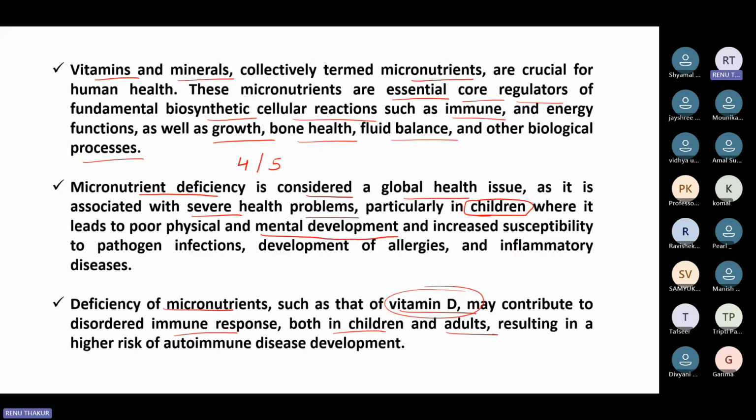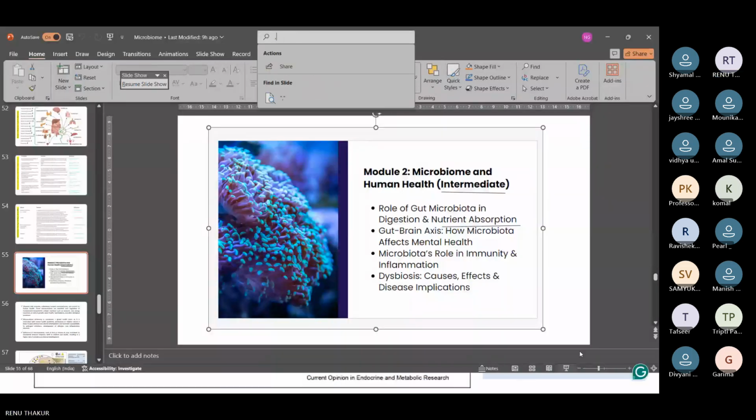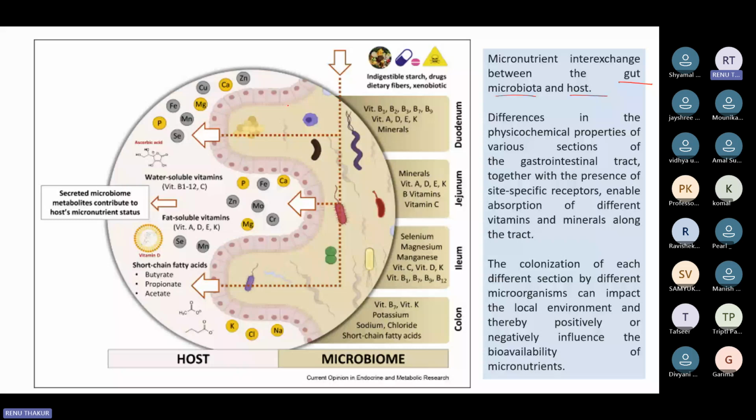So this picture shows the micronutrient inter-exchange between the gut microbiota and the host. Suppose a normal host is there. This circle shows the interaction with whom? Interaction with the host and the microbiome.